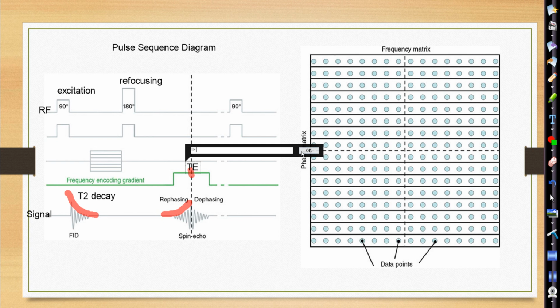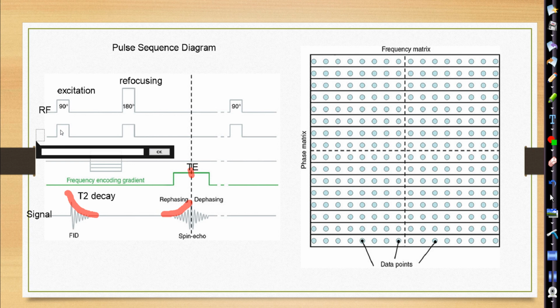All right? What is the second line of the pulse sequence? SS. What does that stand for? Slice select. Good. And notice how that line always turns on every time an RF pulse gets turned on, because we have to excite just those hydrogen spins within that slice.